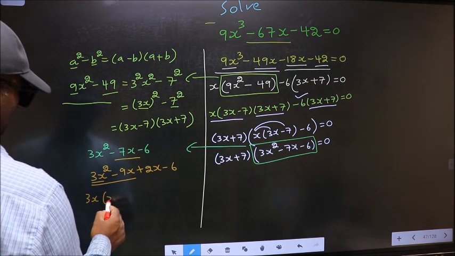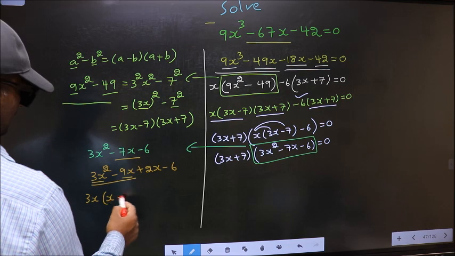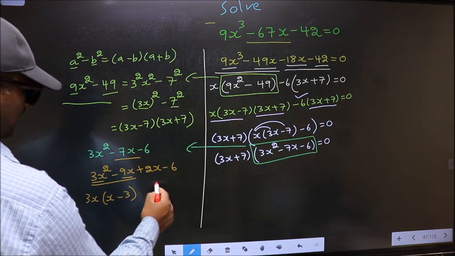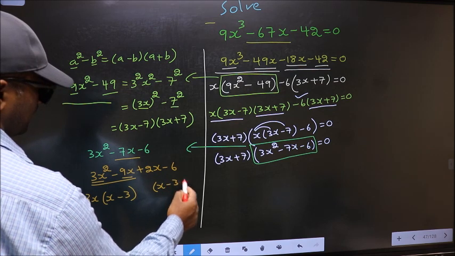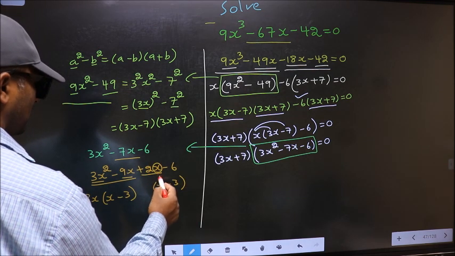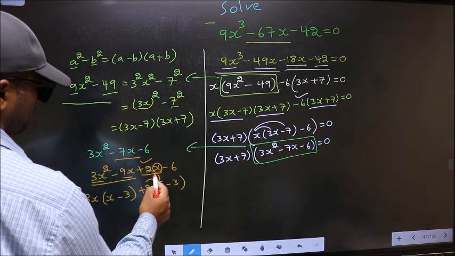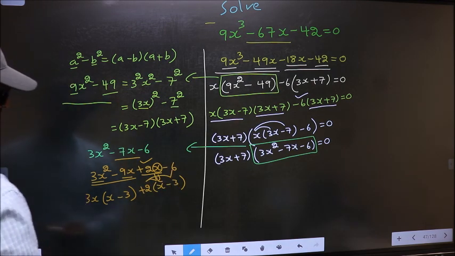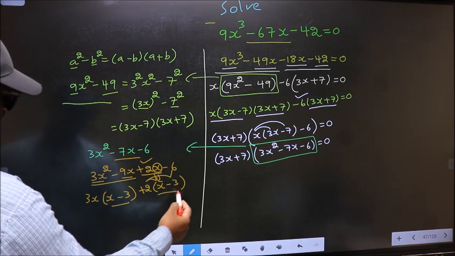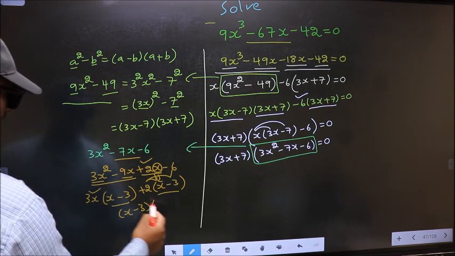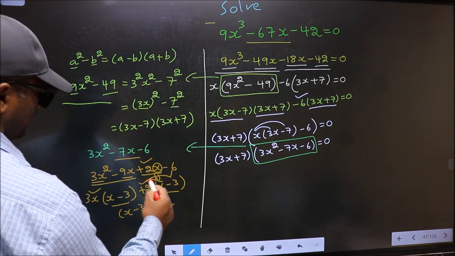From this 3x out you get x minus, from this 3x out you get 3. Now whatever we got here, here also we should get the same thing. From this x gone inside, so outside you get plus 2. Even if you multiply and check, still you get the same thing. Now take out x minus 3 common. So here we have 3x and here plus 2.